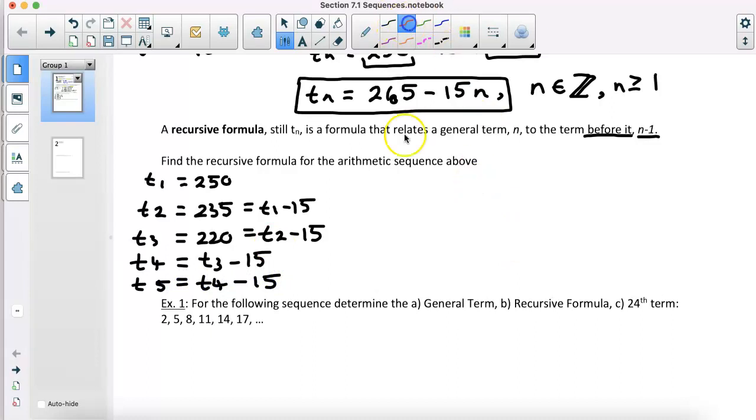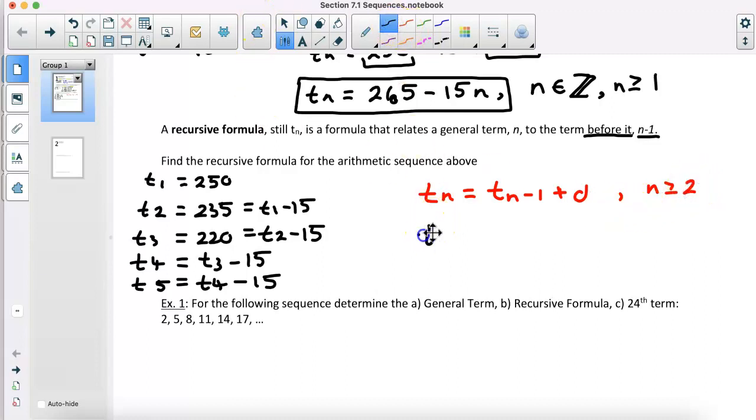So in general, we also have this equation. We have t_n is equal to t_(n-1), which is that term before it, plus the common difference. And in this case, our n value has to be greater than or equal to 2.